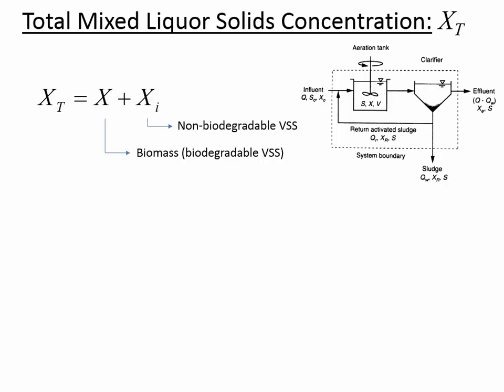Mixed liquor suspended solids concentration includes the constituents that are biodegradable, the biomass, meaning the active cells and the dead cells. So X is the biomass, both components of it. And then X sub I is the non-biodegradable volatile suspended solids. There are some components that may be volatile, like let's say gunpowder.